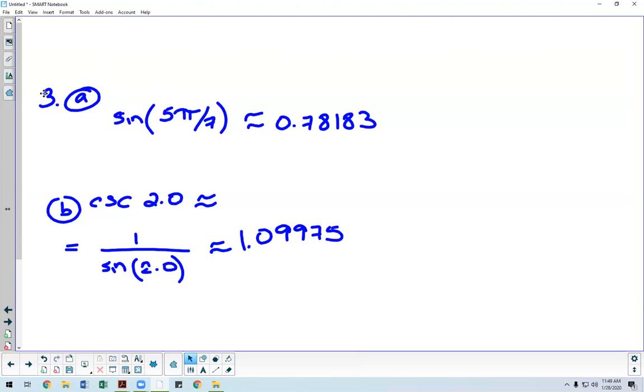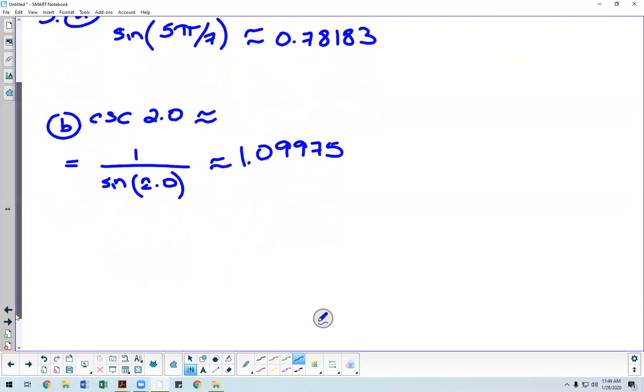For that one, if you want to use that inverse key, then this is what you're going to have to type in: sine of 2, and you would need to put this whole thing in parentheses.